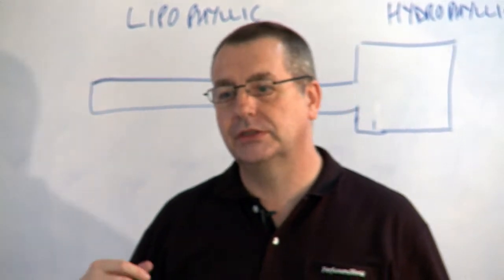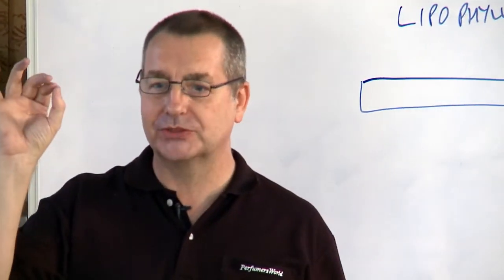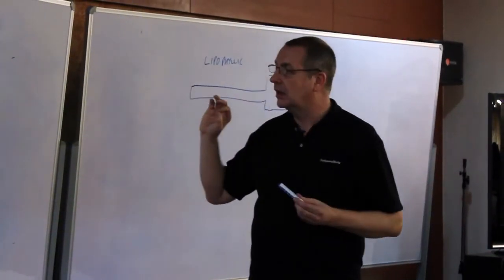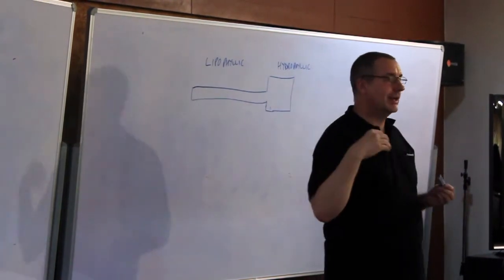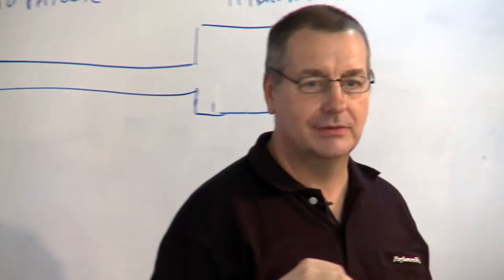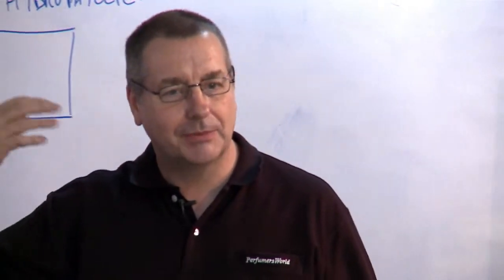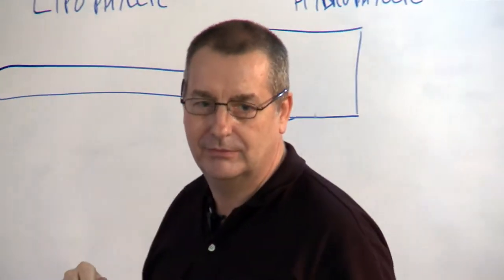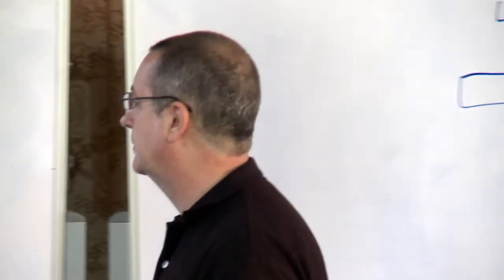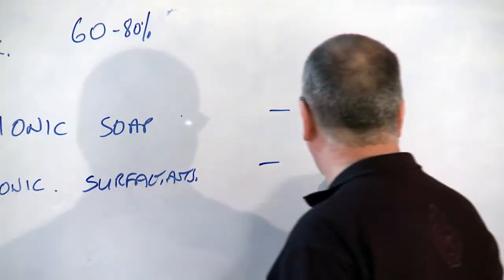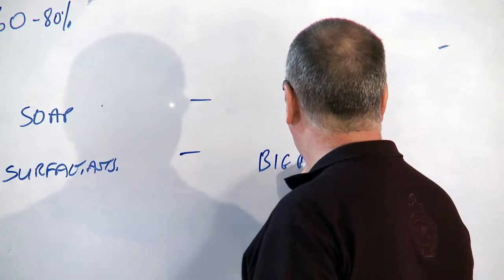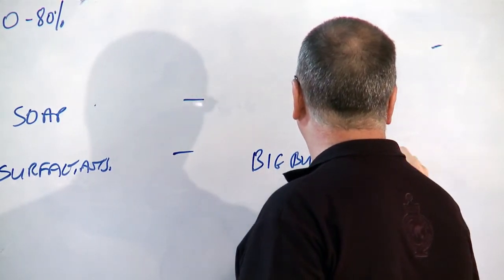They produce good detergency, which means they wash oil out very well, and they have big, unstable bubbles. For something like a car wash product, you would tend to use something like sodium lauryl sulfate. So big bubbles, lots of foam, good detergency, good wetting properties.